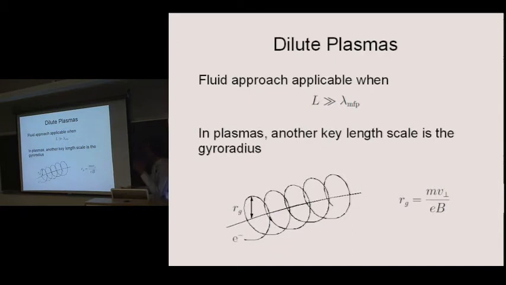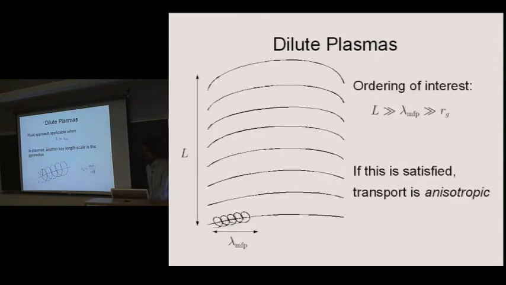So the length scales on which kind of big things are varying, like magnetic fields or pressures. However, in plasmas, there's another potentially important length scale, which is the gyro radius. So you have your ions and electrons gyrating around magnetic fields as shown here, and there's a length scale which tells you about how big these gyrations are.